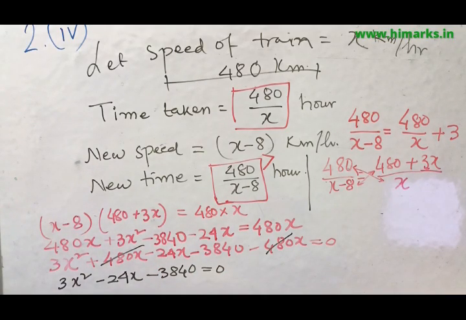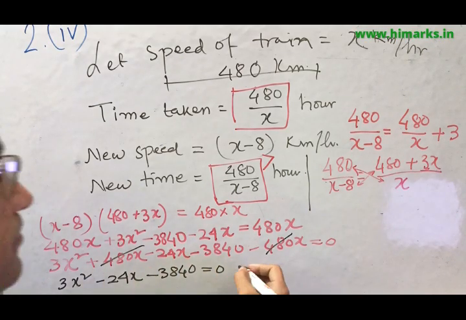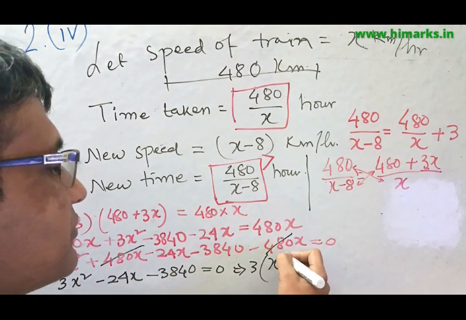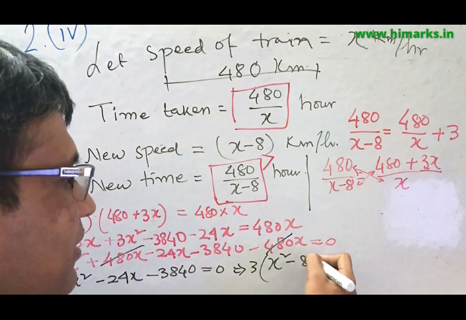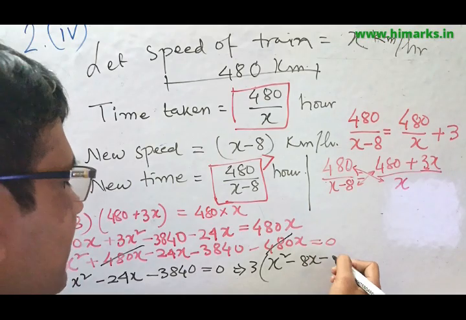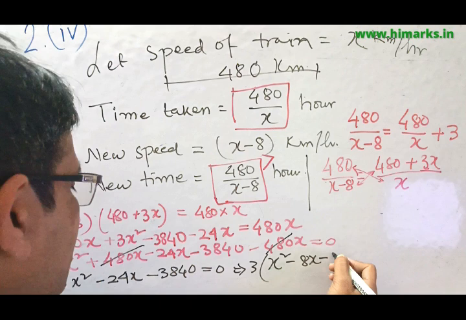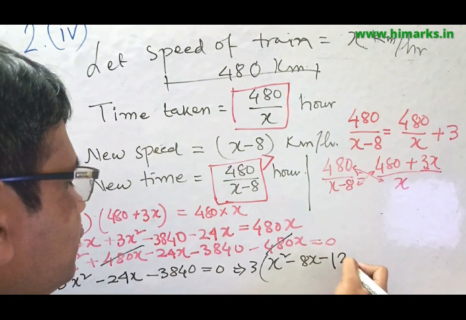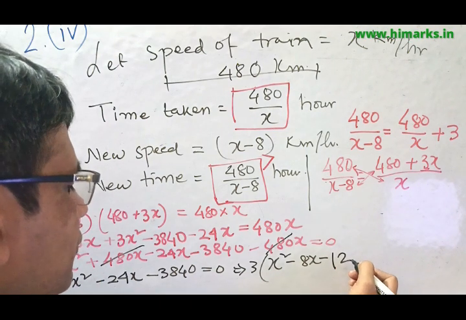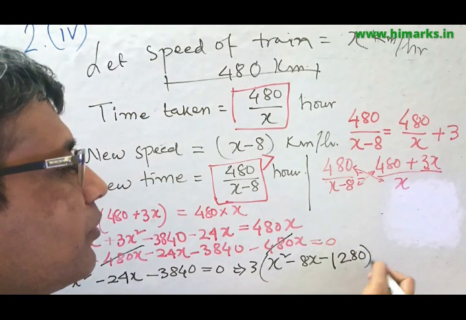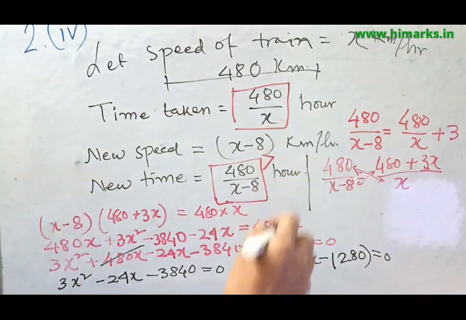So here, 3 can be taken common. Let's see. Yes, so you have to take 3 common. So this will give 3 times x square minus 8x minus 1280 equal to 0.